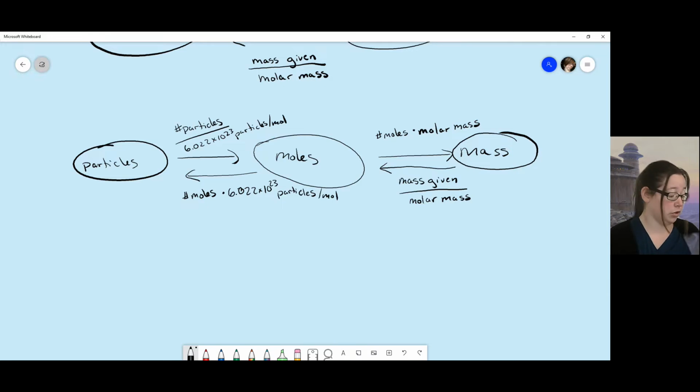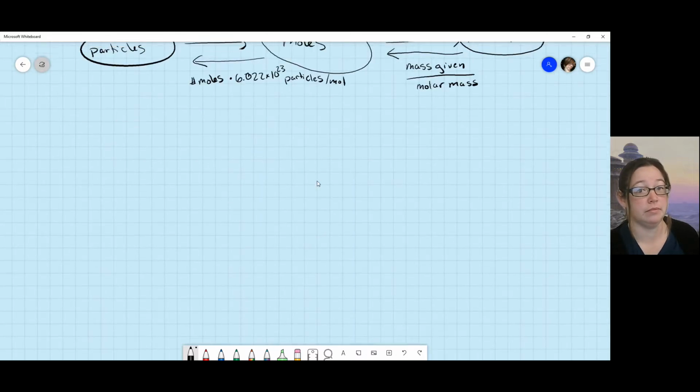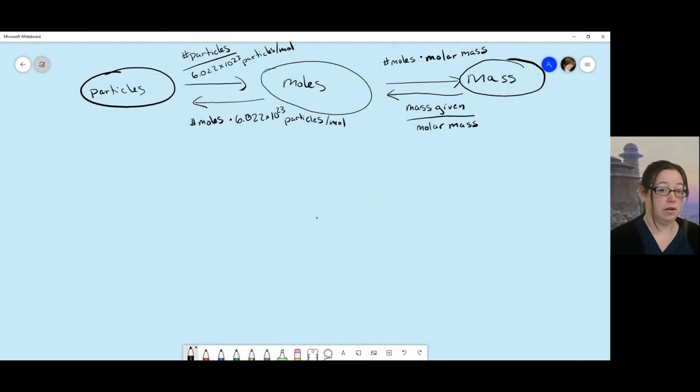So this means that we can figure out how many atoms are in a mass sample that we're given. Our example problem is how many atoms in 535 grams of calcium.